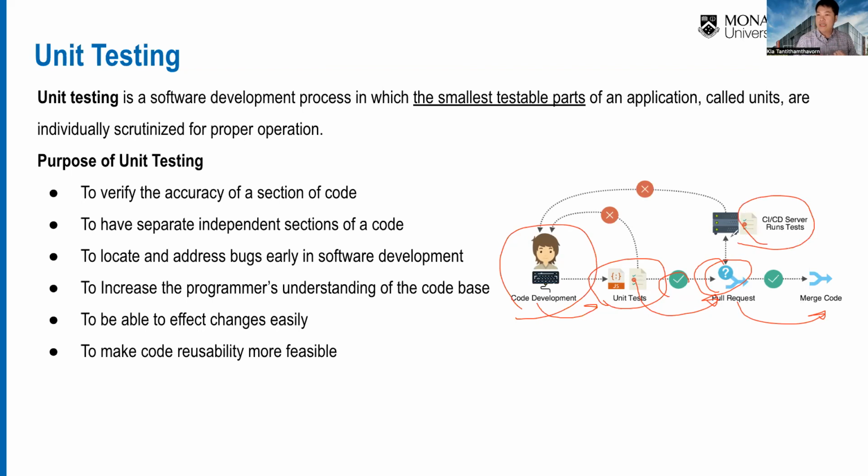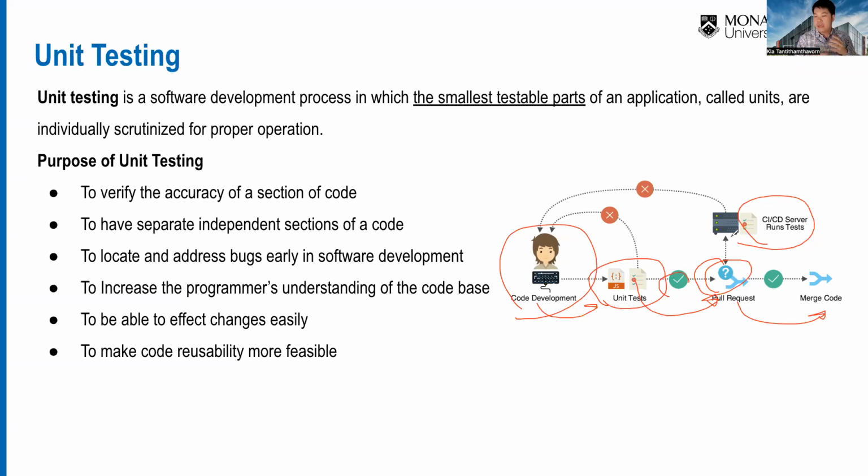CI/CD here is more like an integration part. Even if we implement our unit function correctly, it doesn't mean it will work well with the other functions. So the purpose of CI/CD is to automatically run integration tests, so that every unit and everything is integrated together automatically.